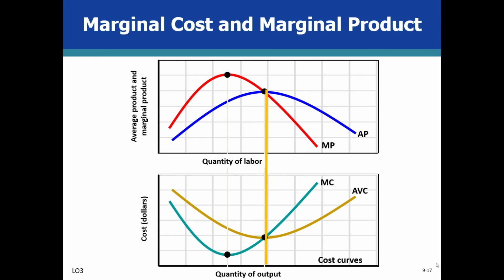And you can see the peak of marginal product, the increment, and the low point of marginal cost, the increment, are basically mirror images. And all I've done here is draw the yellow line through the output to show that average product and average variable cost are also mirror images of one another. A firm must understand both output and cost to effectively manage the firm.